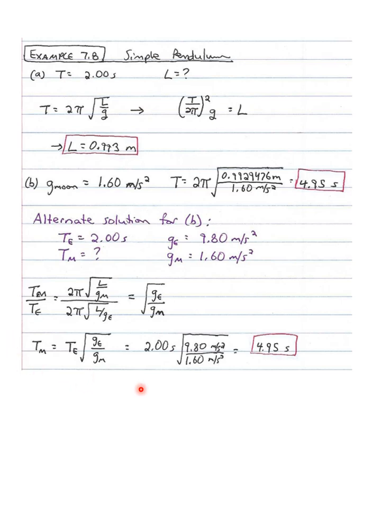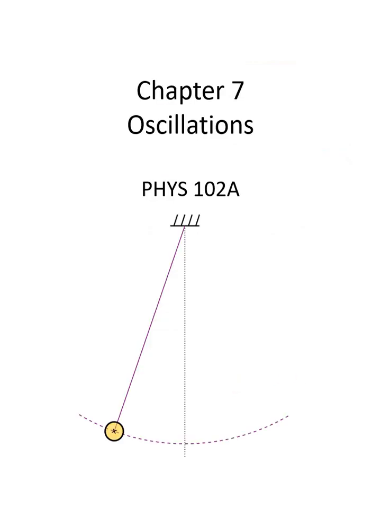Now we can plug those in, and you can see the beauty of this is we didn't need the length of the pendulum. It just becomes 2 seconds times the square root of the ratio of those strengths of gravity. So 4.95 seconds. And that is the end for us on Chapter 7, Oscillations.